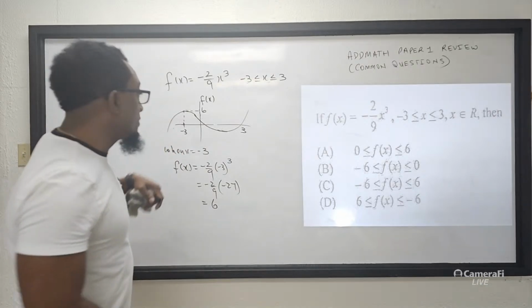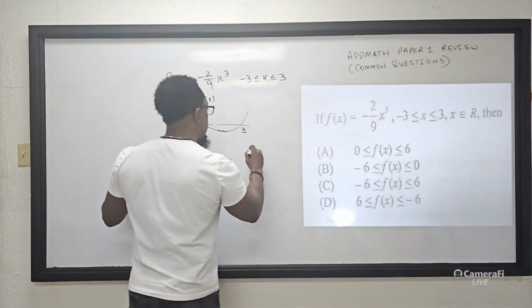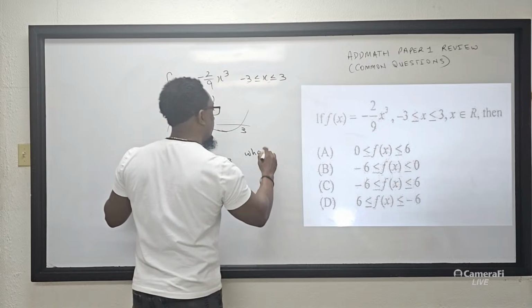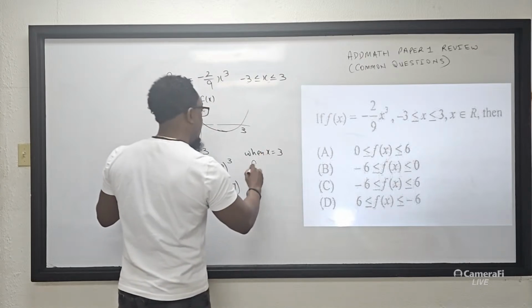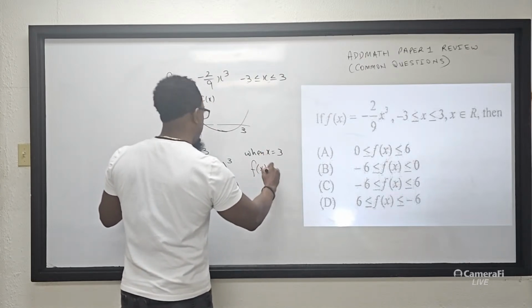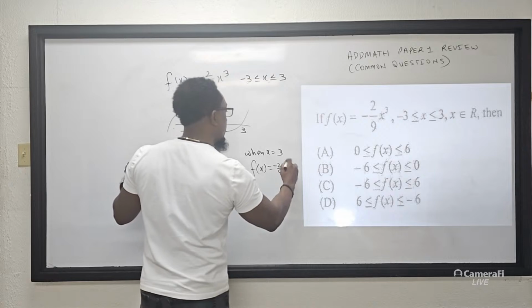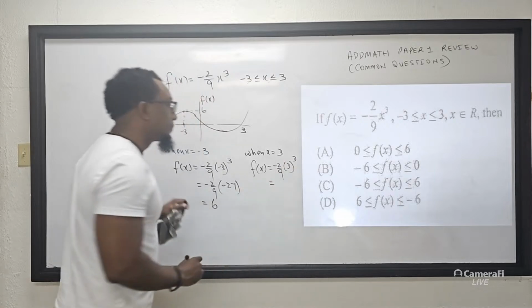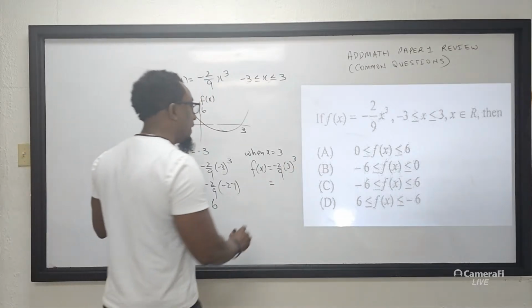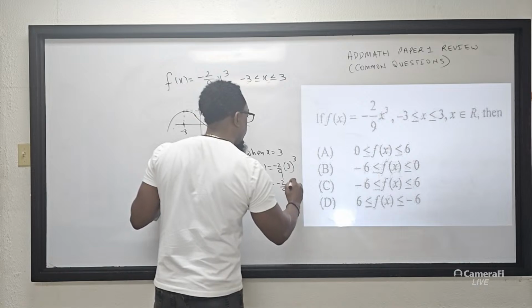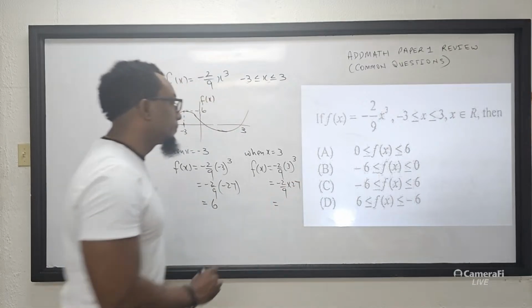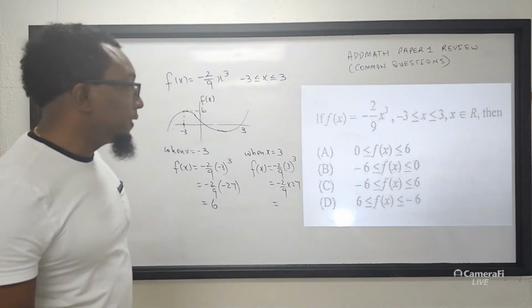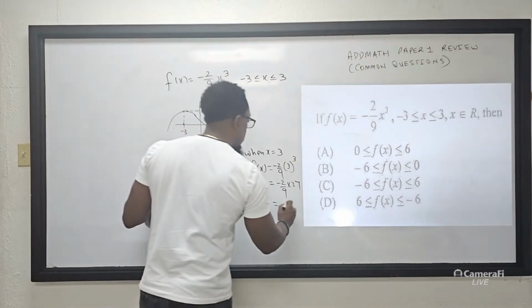Now when x is positive 3, so when x is equal to 3, what is f of x? F of x will be negative 2/9, 3 in brackets cubed. That's negative 2/9 times 27. 9 into 27 is 3. 3 by negative 2 is negative 6.